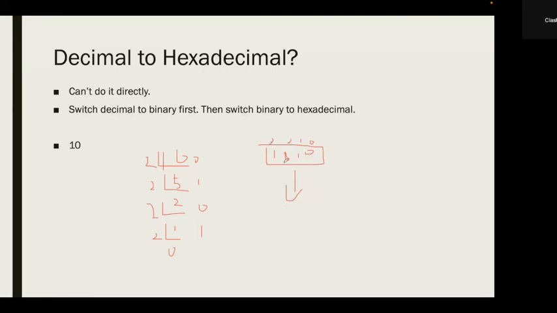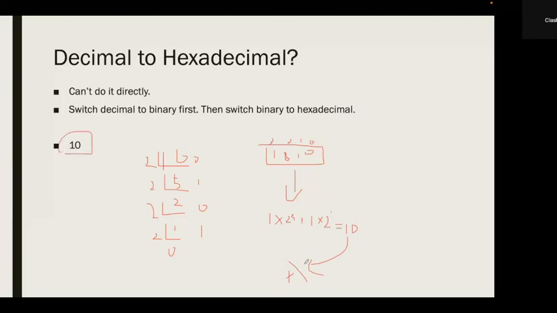So here it is equal to 1 times 2 to the power of 3 plus 1 times 2 to the power of 1, which is equal to 10. And then we represent 10 as a hexadecimal number, so we know that 10 is equal to A. So 10 represented in hexadecimal is equal to A.